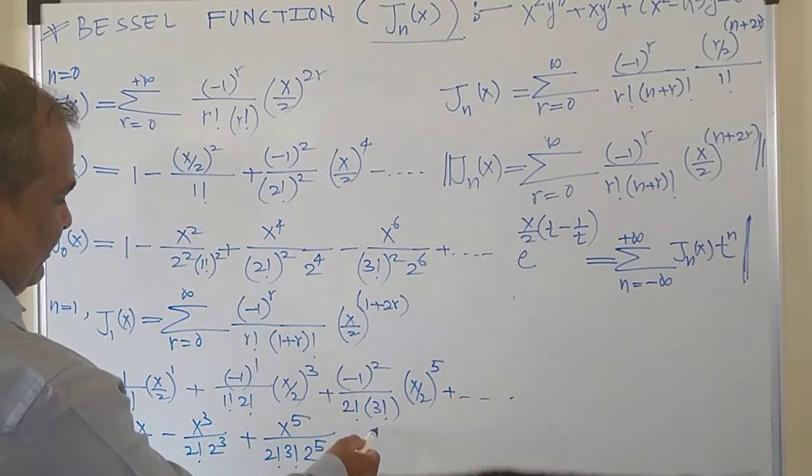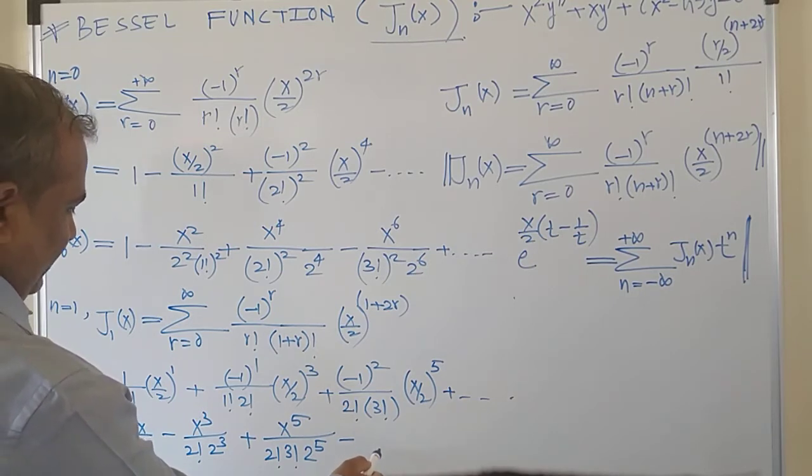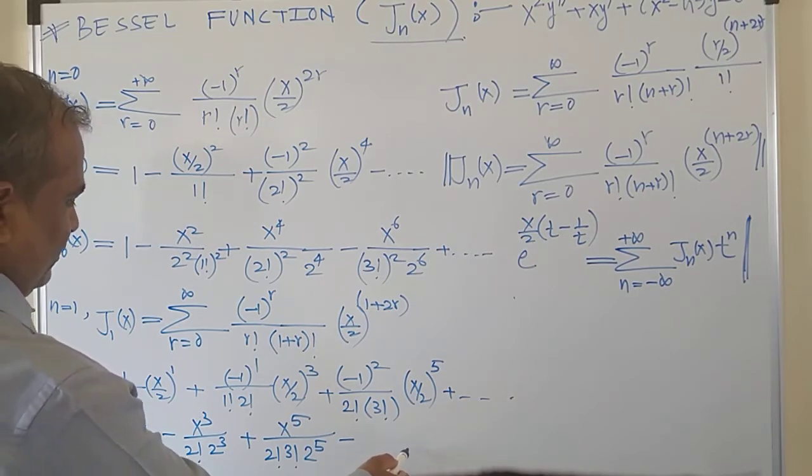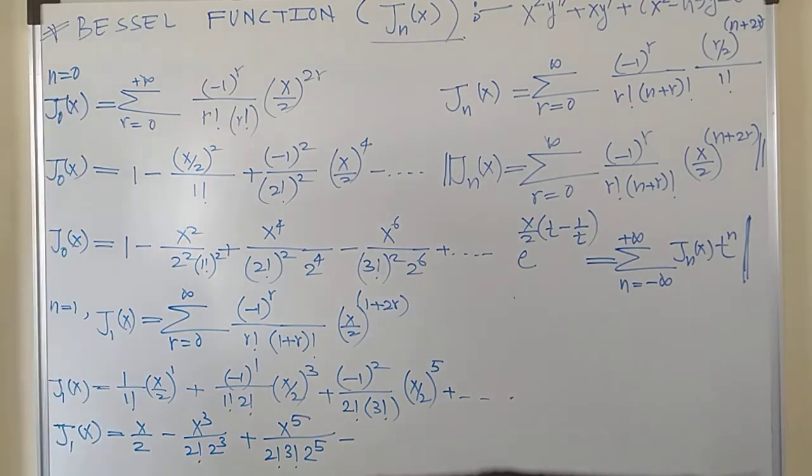So here you will get x raised to power 7 divided by 2 factorial into some factorials into 2 raised to power 7. So this kind of relation you will get.